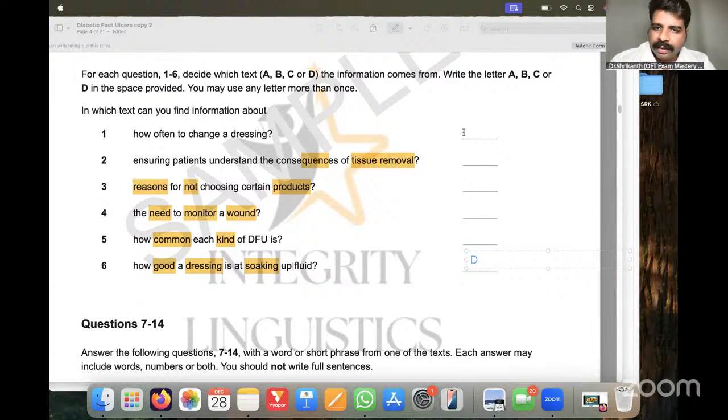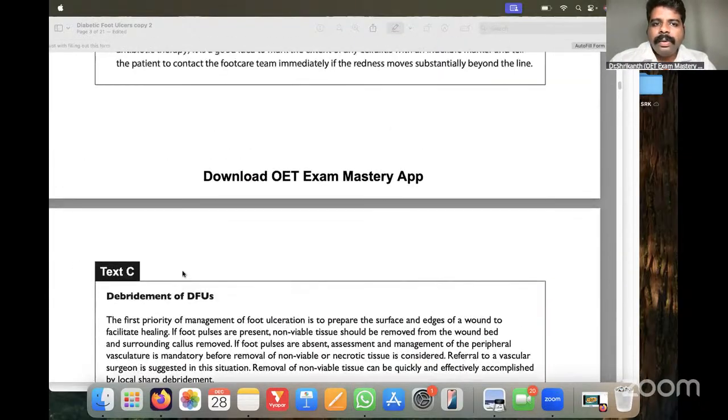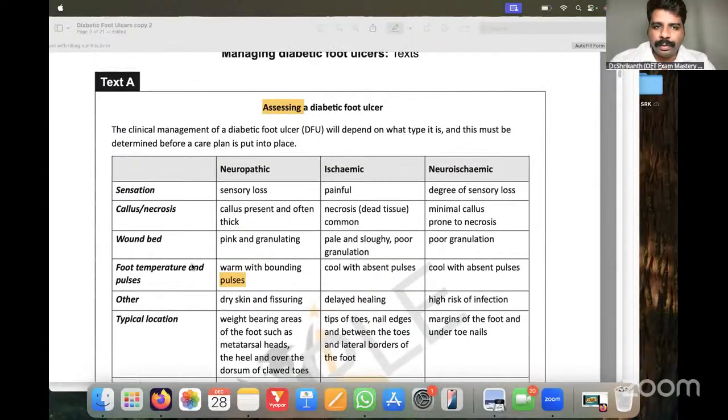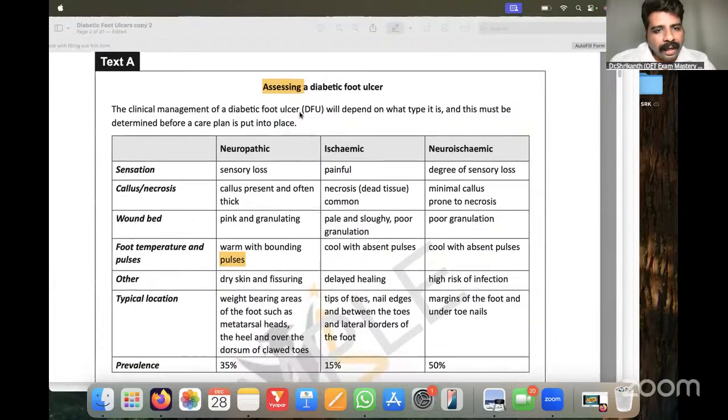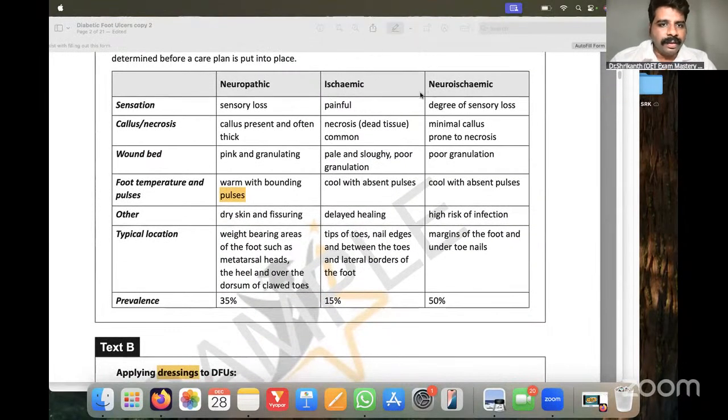So like this, you have to be able to trust your intuition. We found the answers to all the six questions without even reading the four texts. Did we read the full text over here? No, right? So we did not read the entire text A.